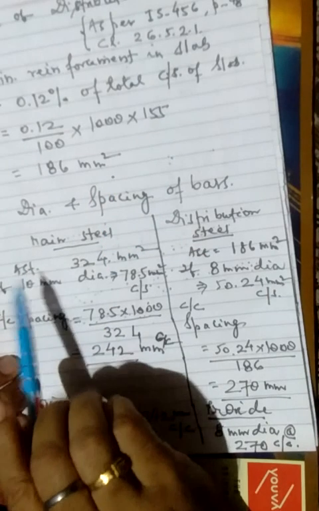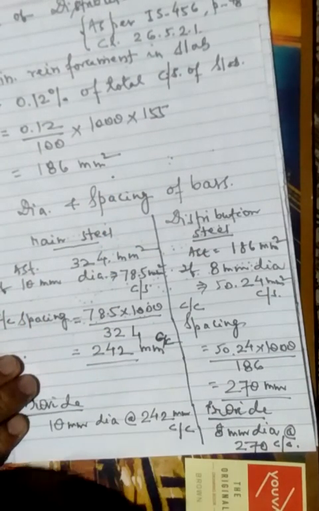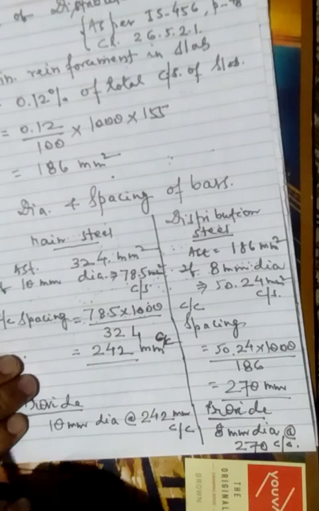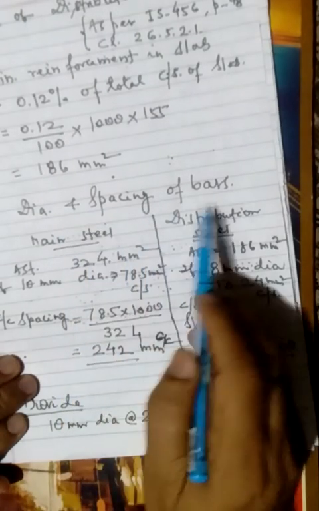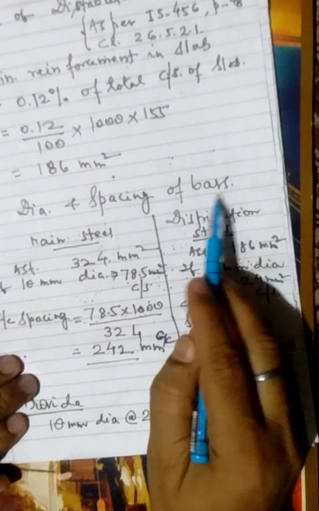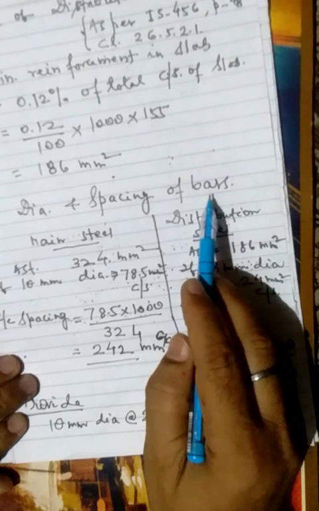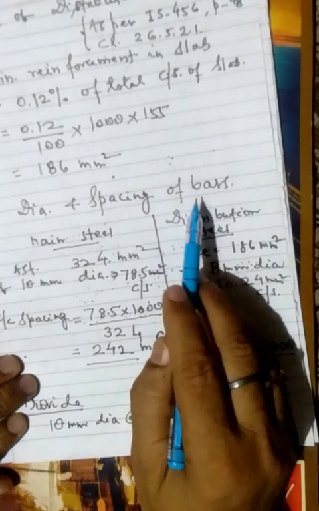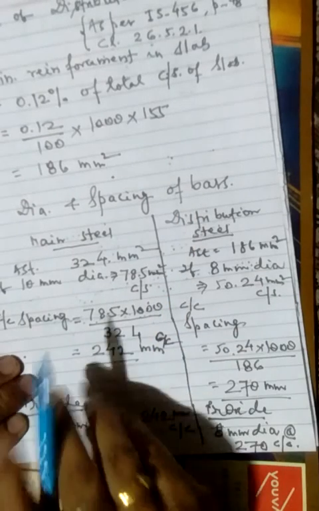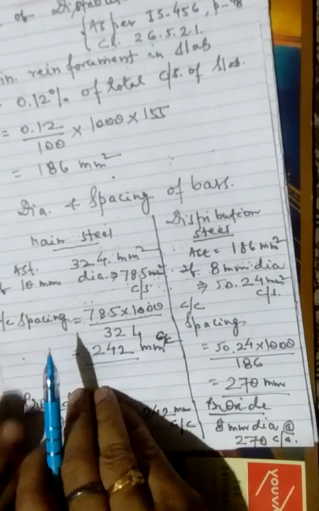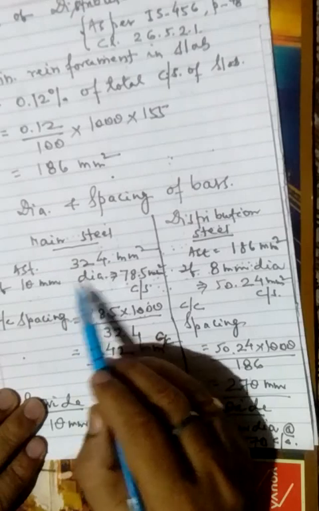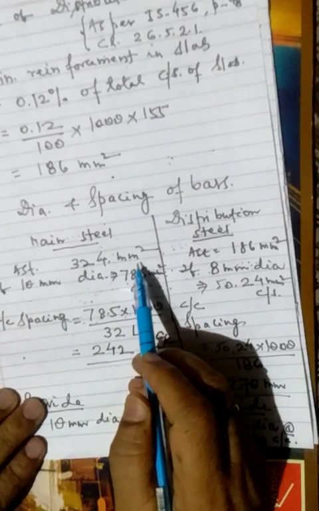Now the most important next step is to select the diameter and spacing of bars. So for this we can refer to the SP16 also. One ready-made table is there to select the diameter of bar and corresponding spacing, but manually I am just calculating. Suppose the total area of main steel is 324 millimeter square as we have obtained.